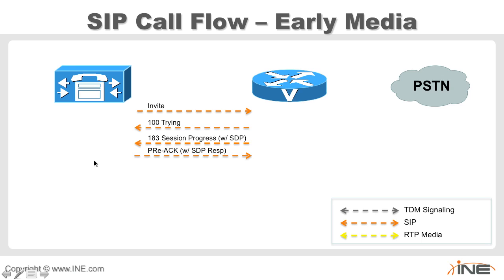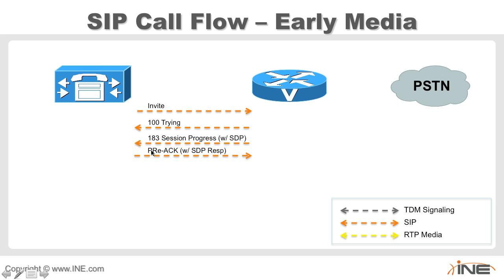1XX enable, where we have a PRACK either with SDP or regardless of SDPs. Okay, so there's two ways that we can enable it in CUCM. Support REL 1XX, so the 183 and 180 messages support PRACK, whether it's an SDP, or support it regardless of whether there was an SDP or not.